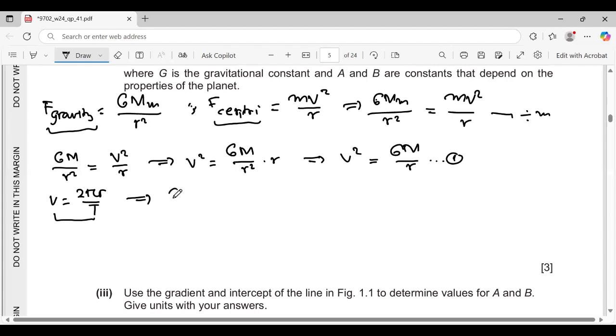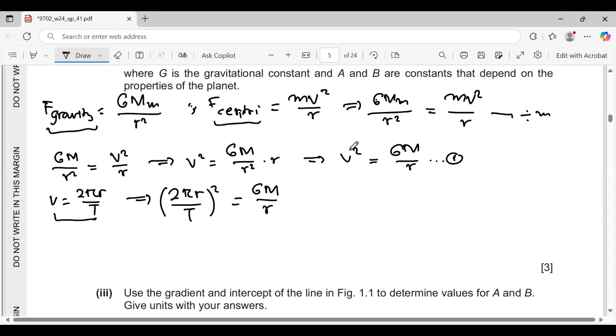It becomes 2 pi r over T, squared, equal GM over r.